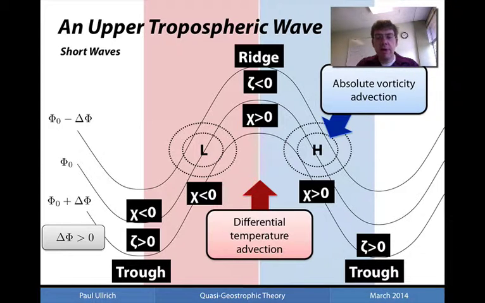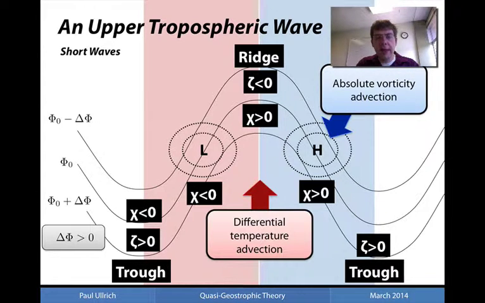Propagation of the wave leads to geopotential tendencies which are negative and positive at the surface level low and surface level high, respectively. That is, the negative geopotential tendency at the surface level low is associated with the fact that the wave is going to be propagating to the east. Again, we're assuming a short wave in this case.